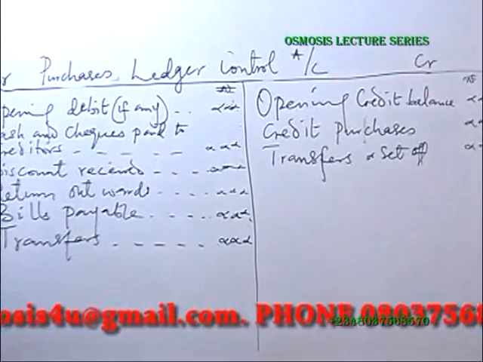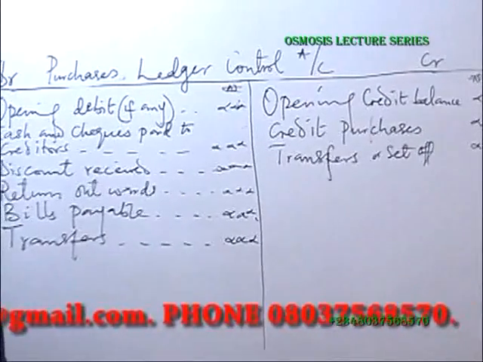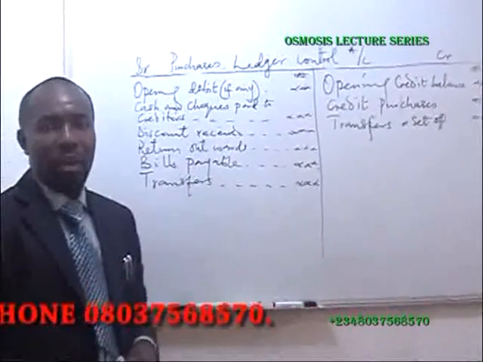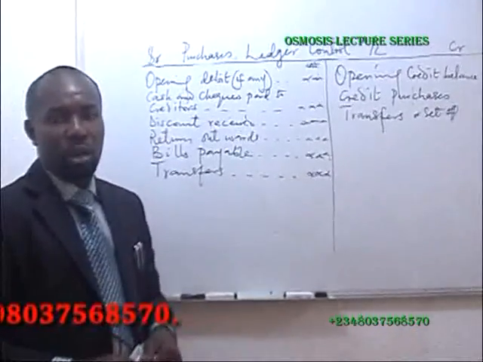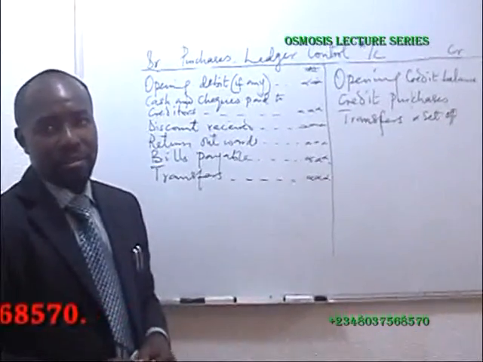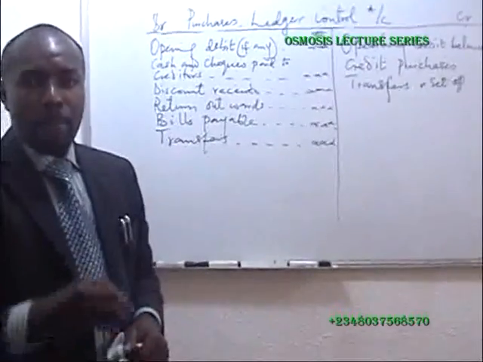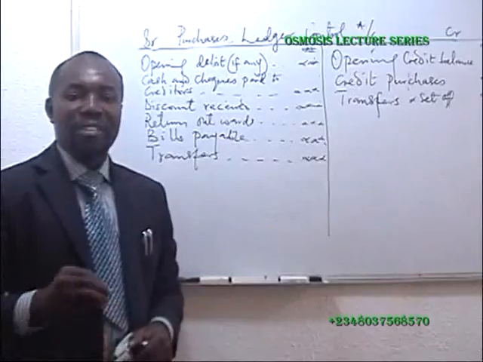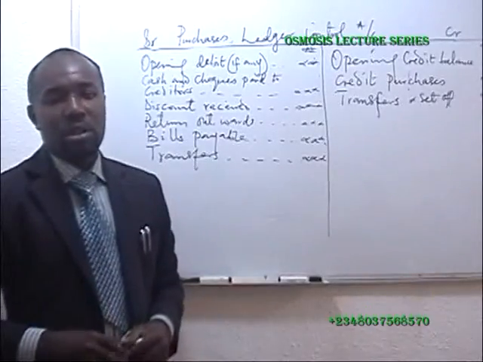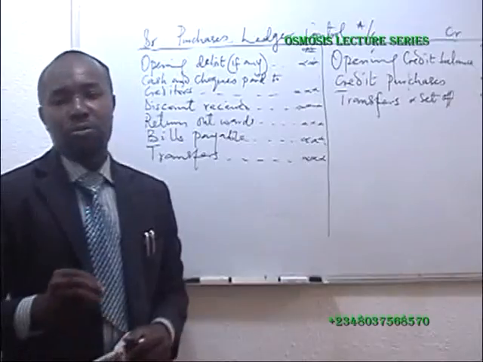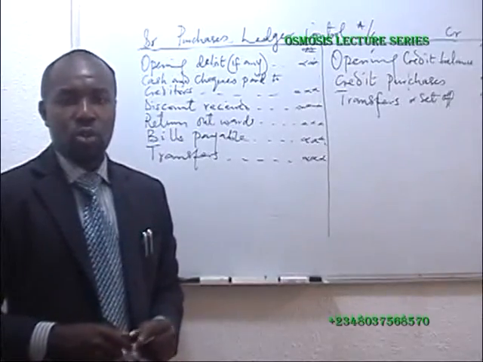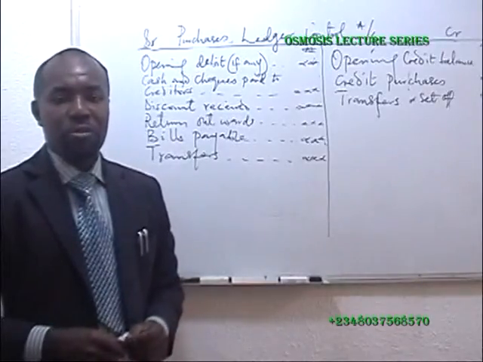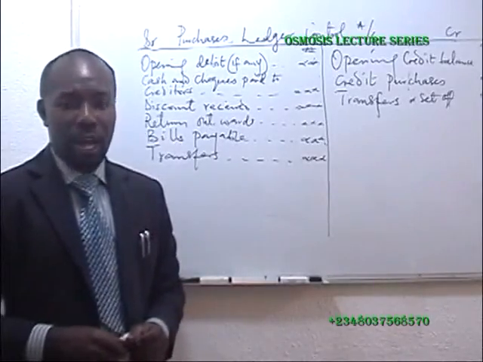So we shall be moving to the next stage, which is the sixth subheading titled Sources of Information for the Preparation of Control Account.